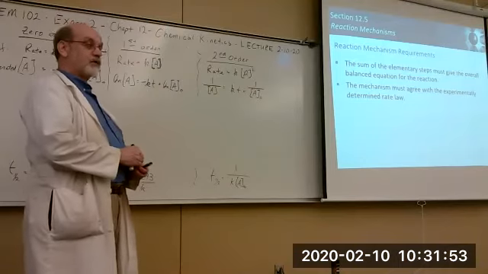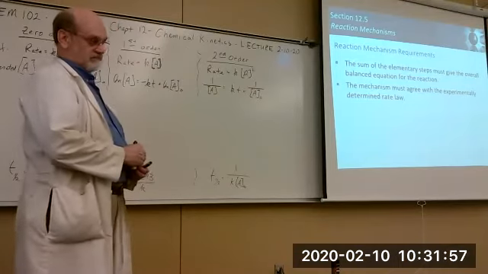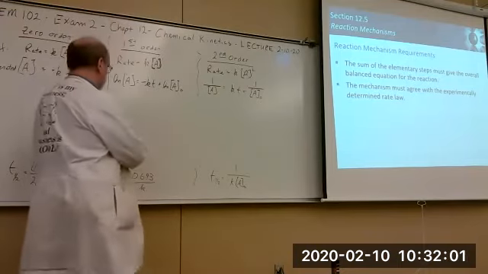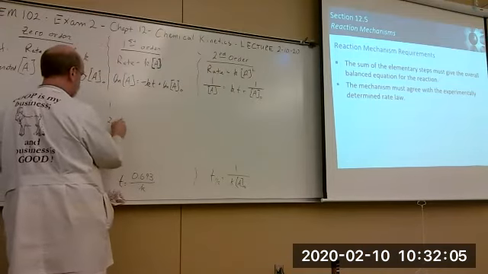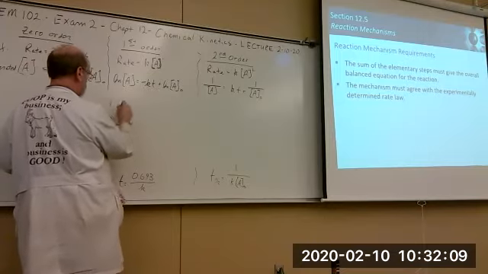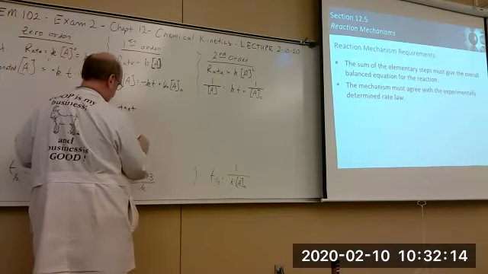Usually there is a rate determining step, and the others are generally very fast. Say we had 3 steps, and this was the slow step. This one's going to be fast. This one might be super fast.